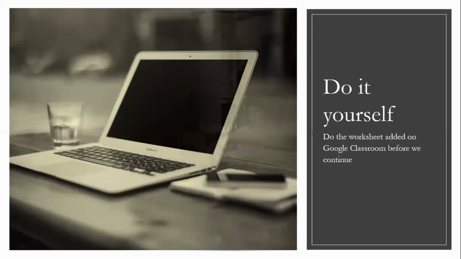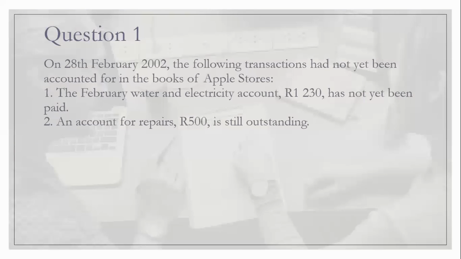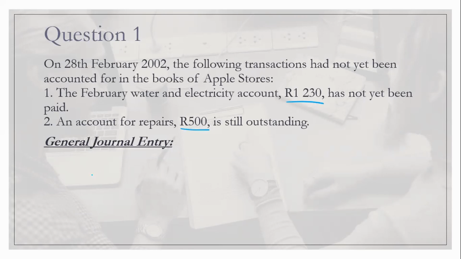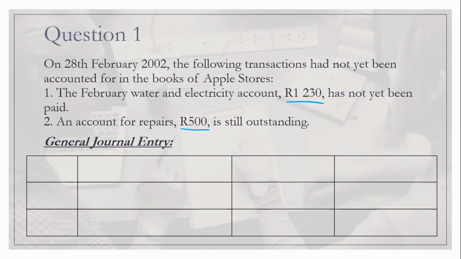Let's quickly have a look at the question. We know that we still owe this amount and we still owe that amount, and therefore we can just say that our accrued expense is the total of those 2 transactions. Okay, thank you, ma'am.